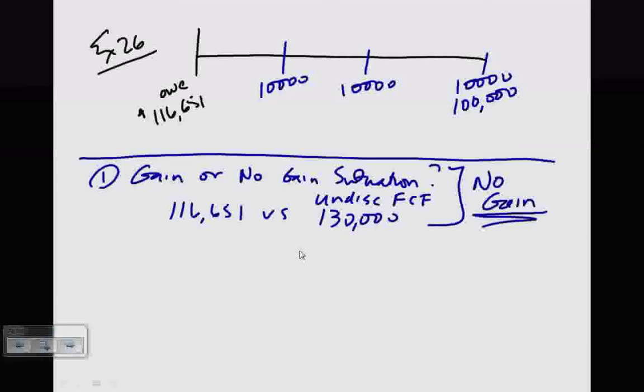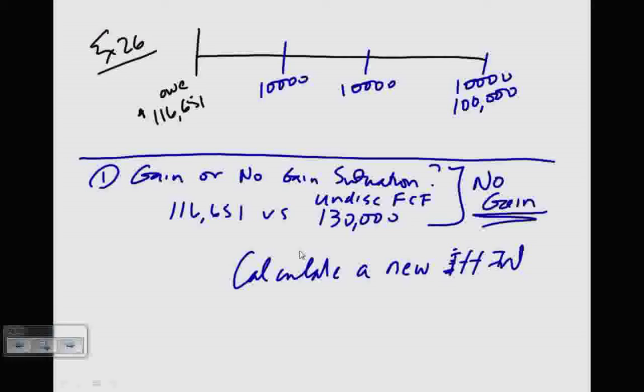All right. And when there's a situation where there's no gain, what we have to do is calculate a new effective interest rate that is consistent with the $116,651 current present value.